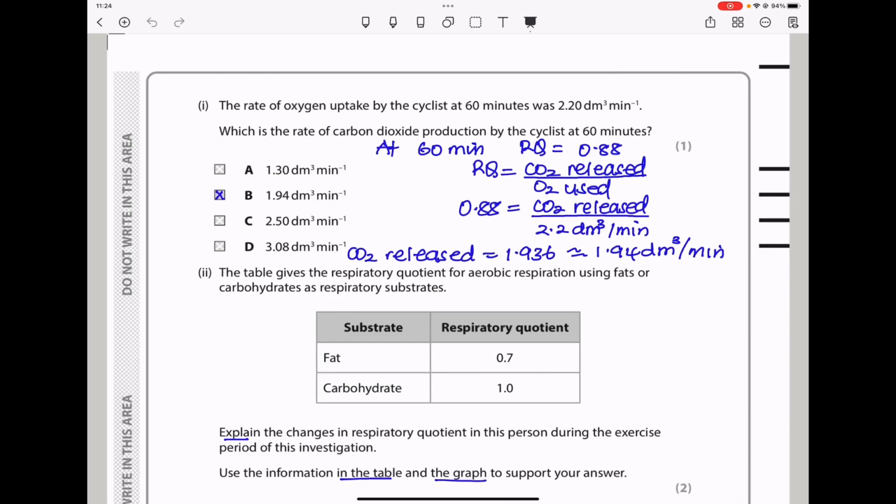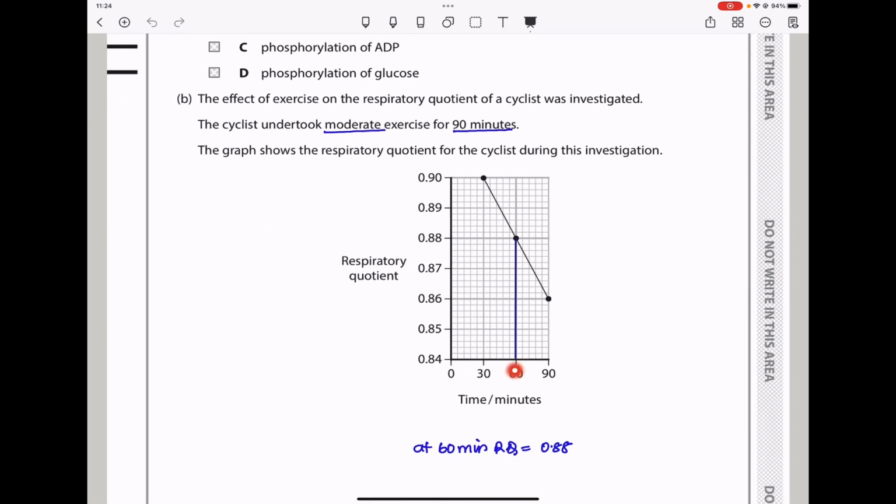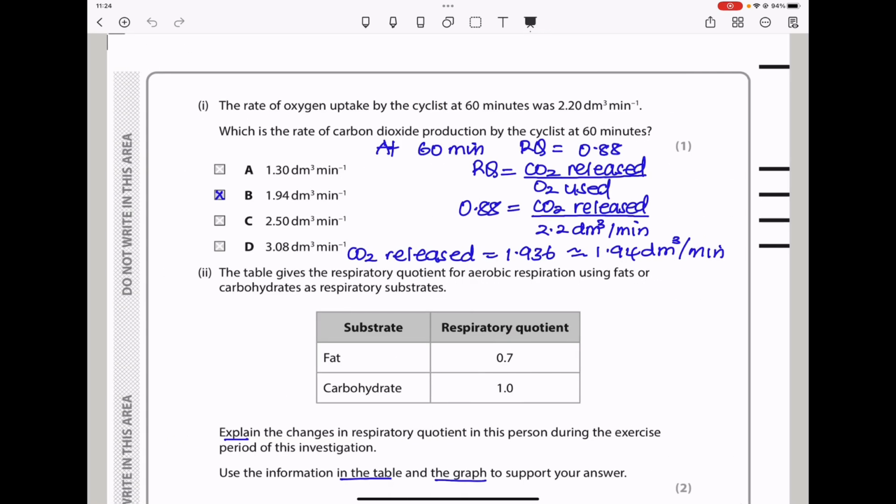Moving on. Here they say, the rate of oxygen uptake by the cyclist at 60 minutes is 2.20 decimeters cubed per minute, which is the rate of carbon dioxide production by the cyclist at 60 minutes. So we go back to the graph. At 60 minutes, we can see the respiratory quotient is 0.88, as stated here. So I'm going to use that.